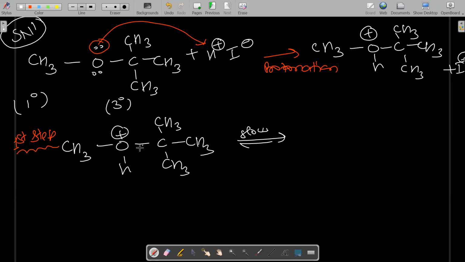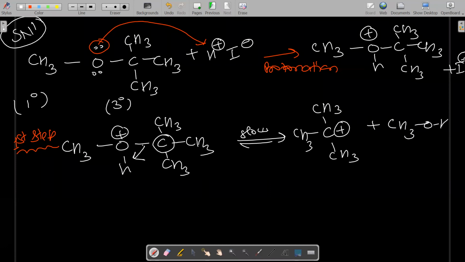Now oxygen is carrying positive charge, so the bond will be cleaved from this side. And so this carbon gets positive charge and forms stable tertiary carbocation. And what is the other product? CH3OH.